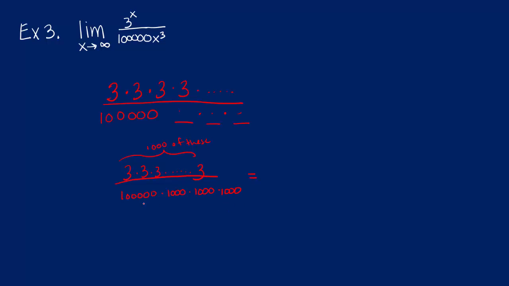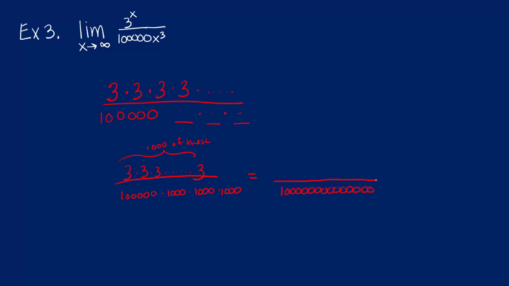Now, look at the bottom. I can actually do that pretty easily, can't I? 1, 2, 3, 4, 5, 6, 7, 8, 9, 10, 11, 12, 13, 14. Isn't that a number with 14 zeros on it?